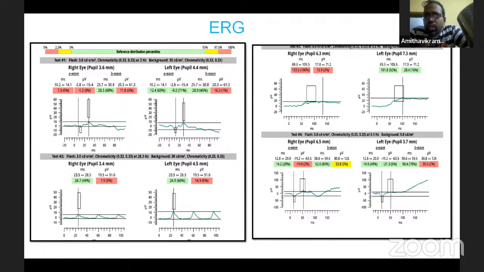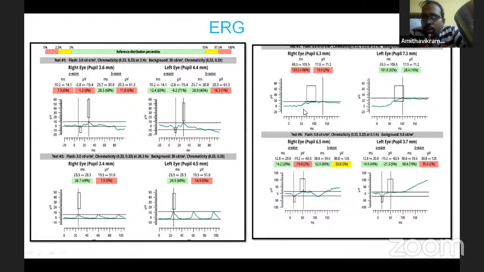Similarly, on the right side, the first panel shows only scotopic responses, the dark adapted 0.1 and 0.01. It is actually close to the normal values, a little bit below in amplitudes, and the latency is also a little off.